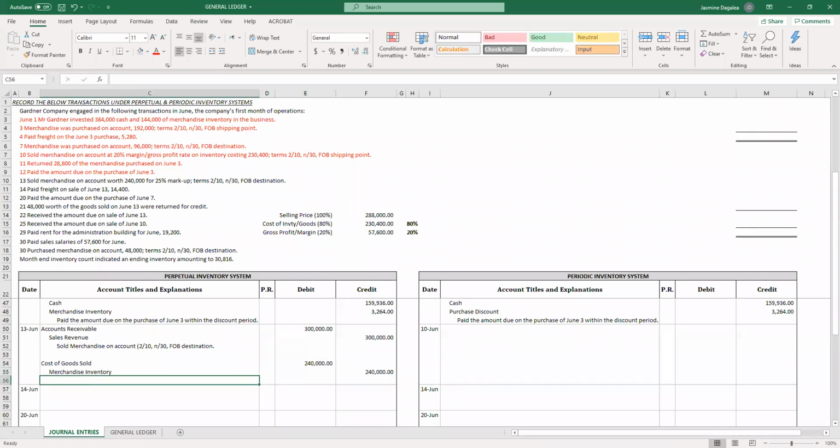So, to record cost of merchandise inventory sold at 25% markup. Yan. So, under periodic, what is your entry?